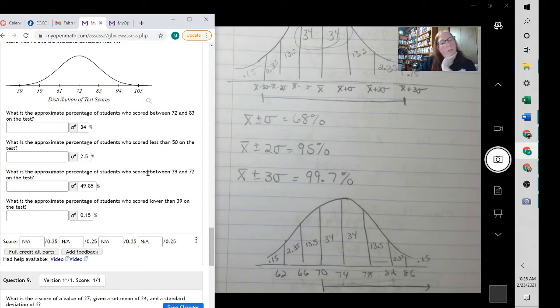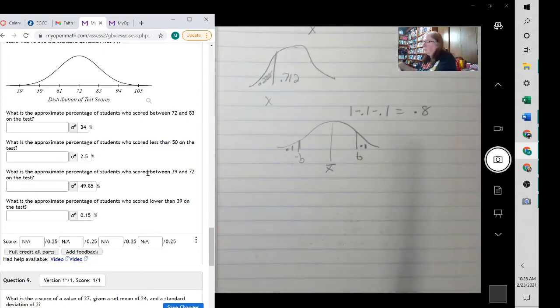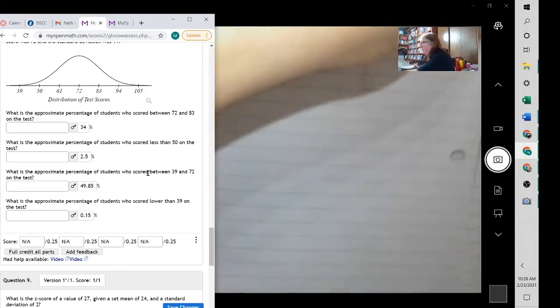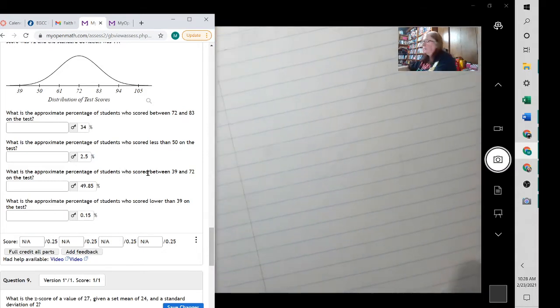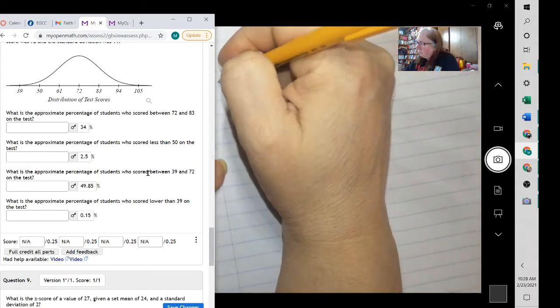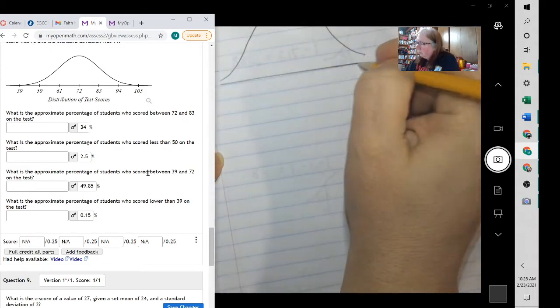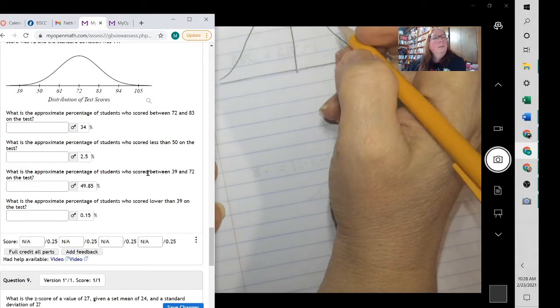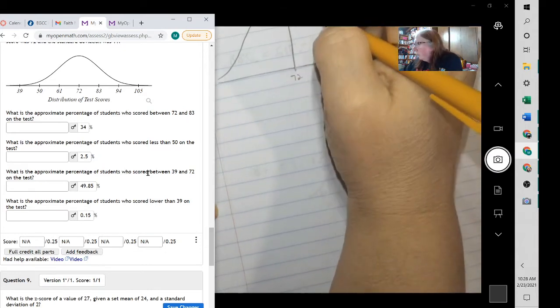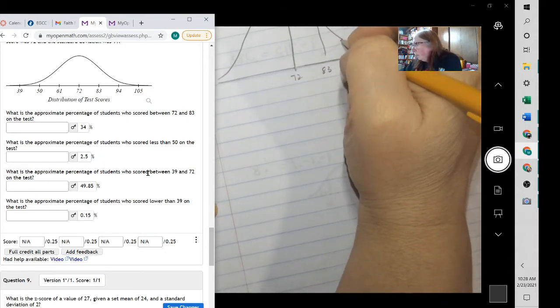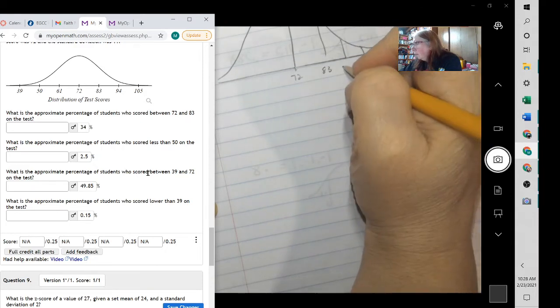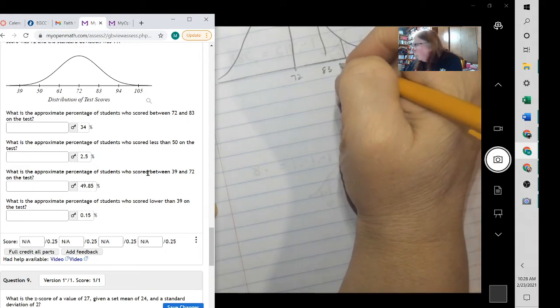Okay, let's do one more. What is the approximate percentage of students who scored between 72 and 83? Okay, so let me draw the graph and percents again, just so we have the values. So it's 72, 83, 94, 105.